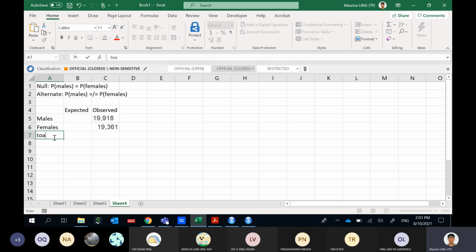First, you have to find the total, so add up the two numbers. The total here should be 39,729. So it's 50% each. You just take 0.5 times this number. This is where you can have percentage or decimal points, it's fine.